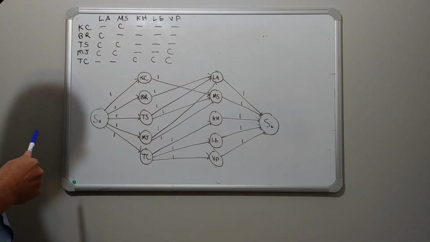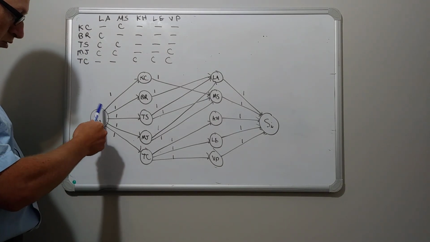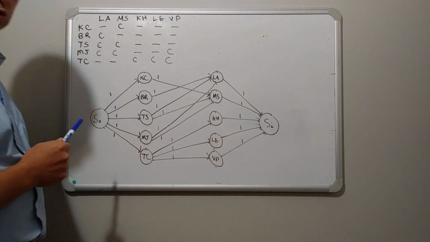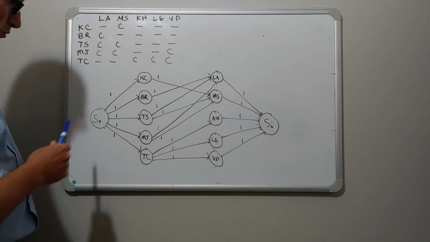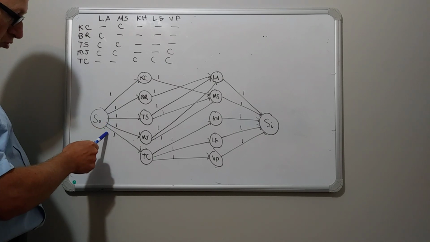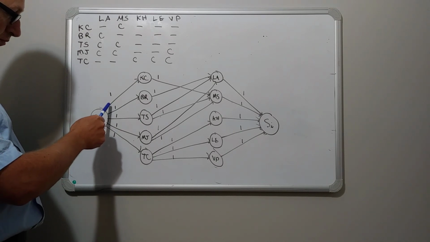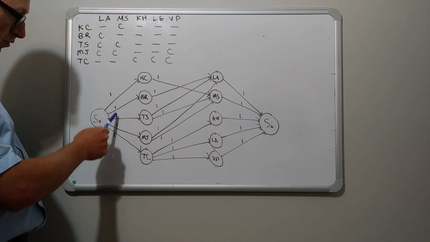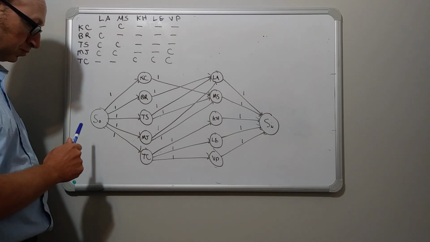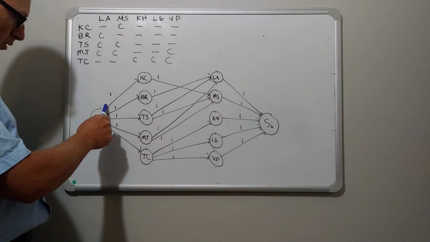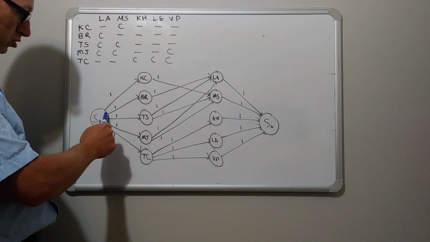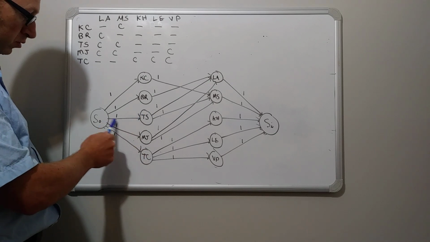Now, the source is where the flow comes from, and the sink is where the flow goes to. Now, from the source, there's 5 units coming out of the source, and the capacity, think of it as the maximum that can come out of the source is 5 units. So the capacity from source to each of our row people is 1.